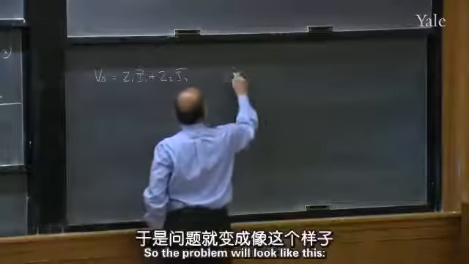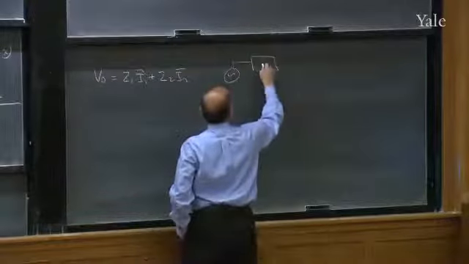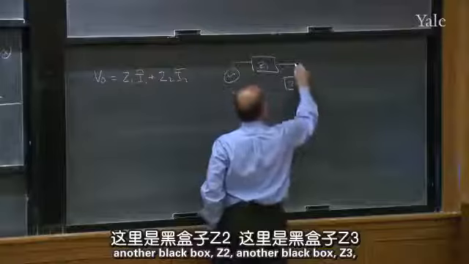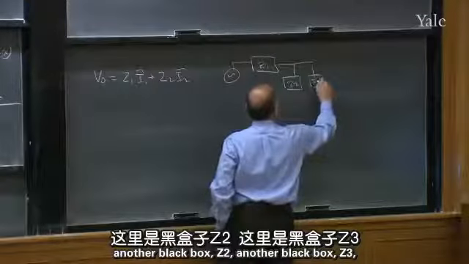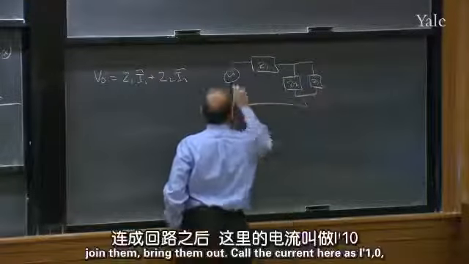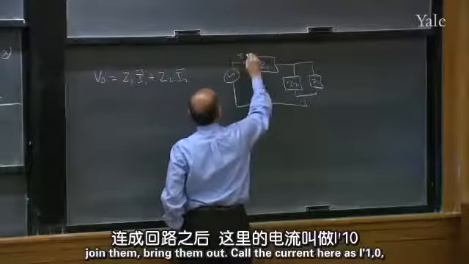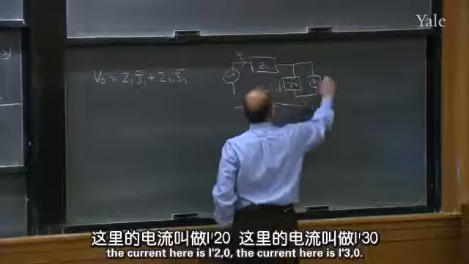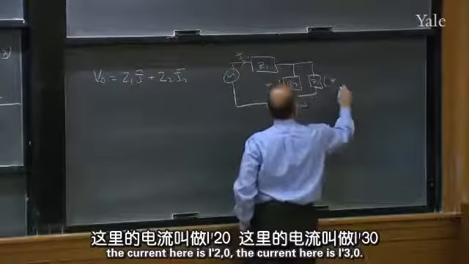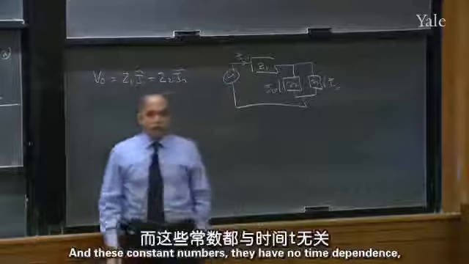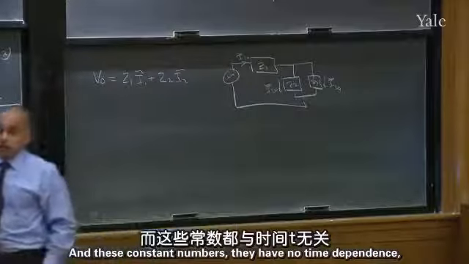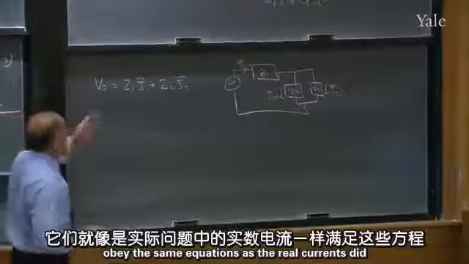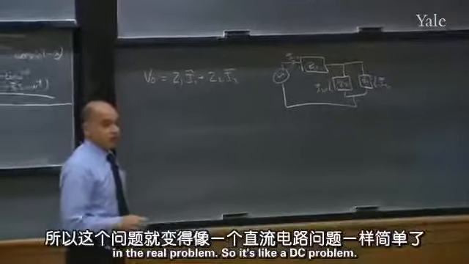So the problem will look like this. Just put some black box here, Z1, another black box, Z2, another black box, Z3. Join them, bring them out. Call the current here I1 twiddle 0, the current here I2 twiddle 0, the current here I3 twiddle 0. And these constant numbers, which have no time dependence, obey the same equations as the real currents did in the real problem.